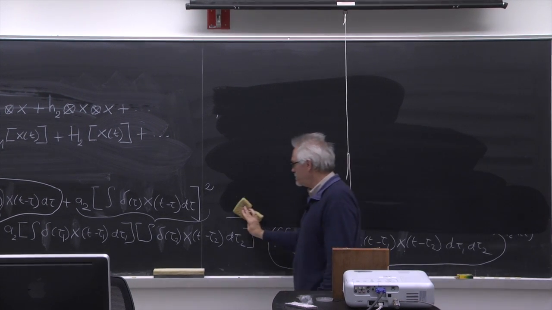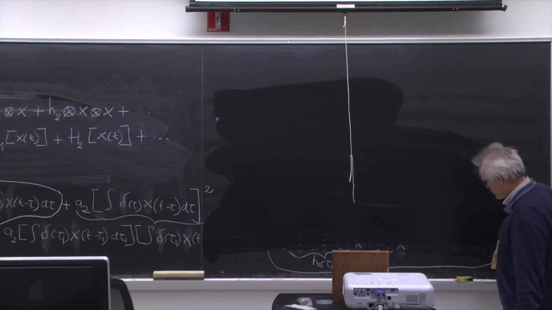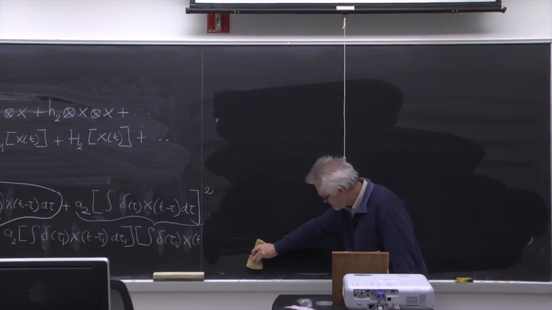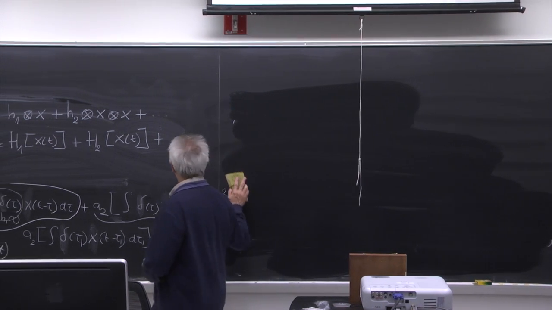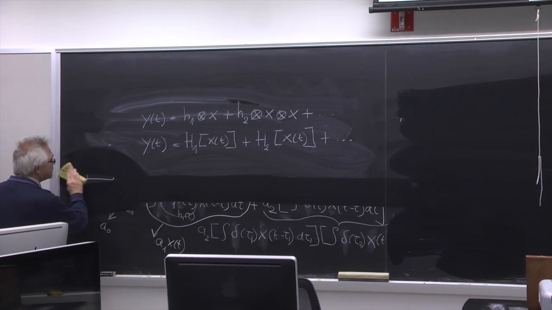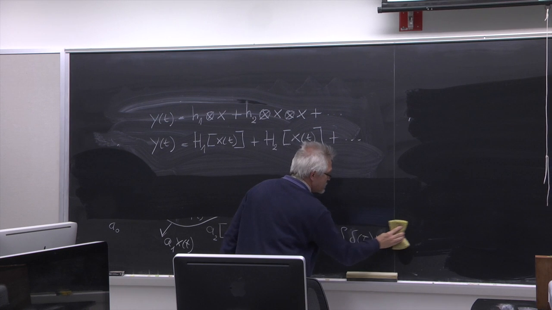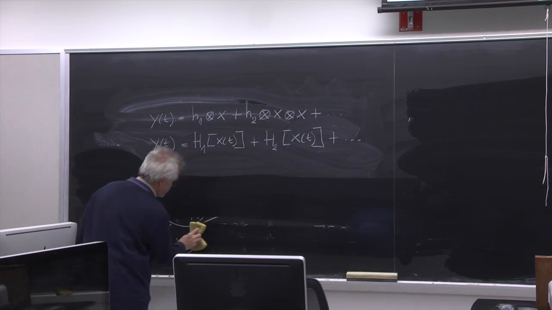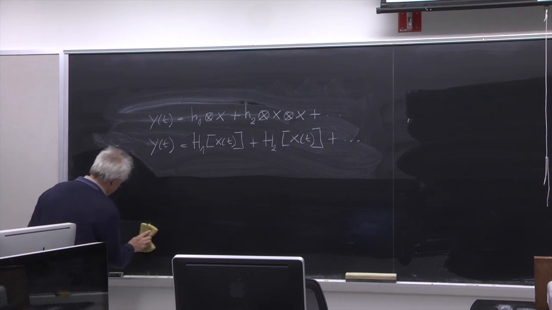A linear system is a system where there is always superposition and scaling. So that means that if this system is nonlinear, it should not obey these laws of superposition and scaling. Because if it did, it would be linear.